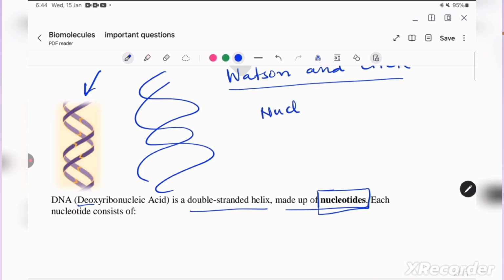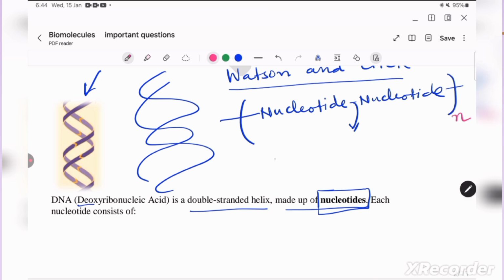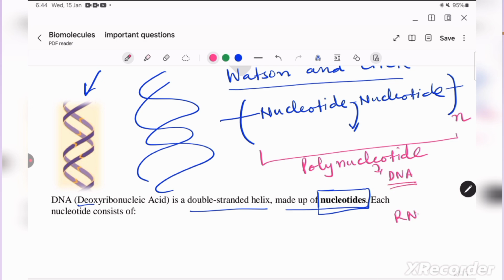So I can simply say that if I go on joining lots of nucleotides like this by certain connections, then this kind of long chain is known as a polynucleotide, right? So many nucleotides coming together is called a polynucleotide, or simply it is known as DNA, or it can also be known as RNA depending upon its composition.